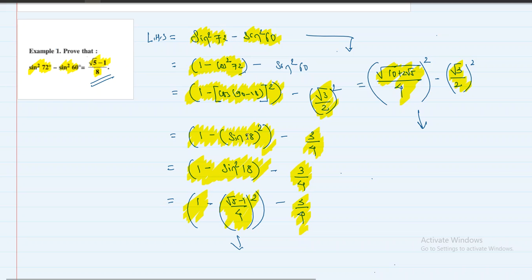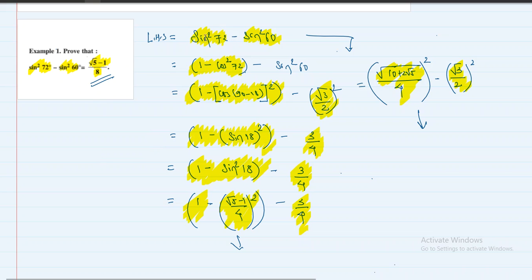So we have 1 minus sin square 18. Root 3 by 2 the whole square becomes 3 by 4. So 1 minus sin square 18 minus 3 by 4. I know the value of sin 18, which is root 5 minus 1 by 4, the whole square. So this is the whole expression which I have to simplify and get the value equal to root 5 minus 1 by 8.